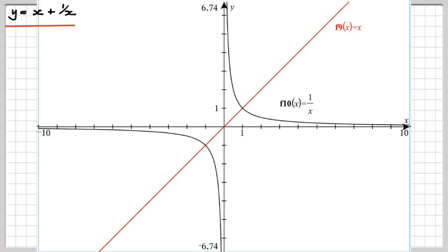Then what I do is I look at the relative influence of each graph to the left and to the right of those clue points. For example, here you see that the black graph is zooming off to infinity and the red graph is fizzling out with a whimper down towards the origin, right? So the black graph is going to have more influence on the combined y value, the added ordinates, for any x value between, say, 0 and 1.